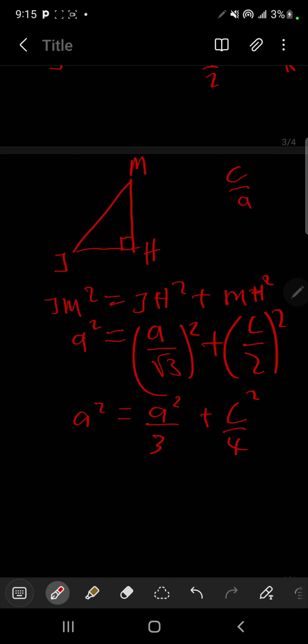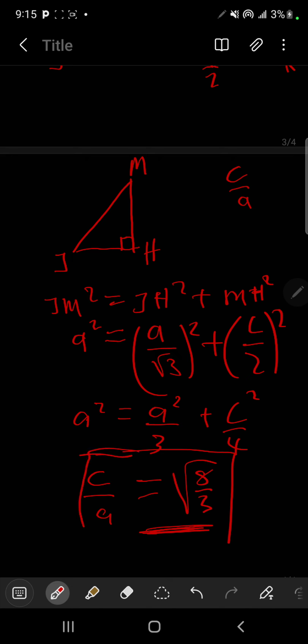You just end up with c over a is in fact equals to the square root of 8 over 3. Now you are done with step 2. So the next thing which you have to do is just manipulate this and plug into the formula.